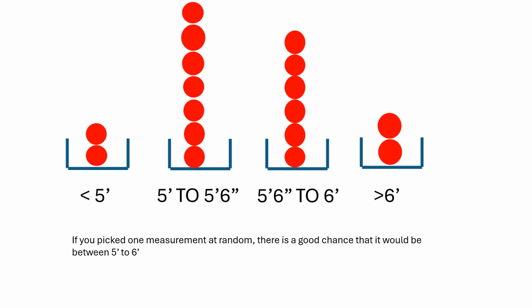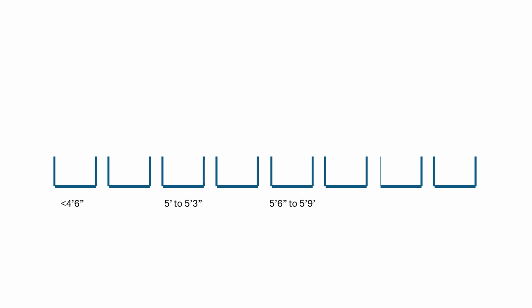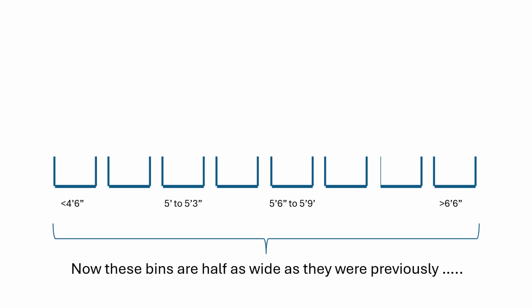So now we have 4 bins. Now we will take 8 bins. These are the heights. So now these bins are half as wide as they were previously. Now the width is 3 inches, earlier it was 6 inches.